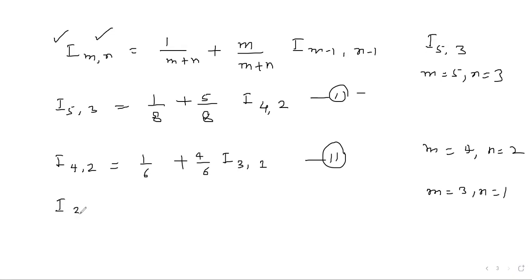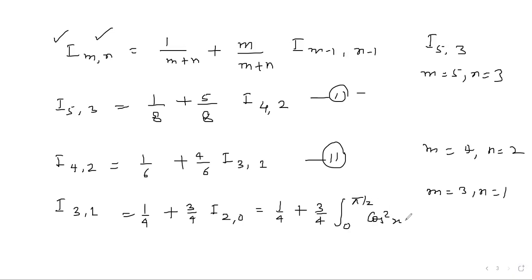So we will get I_(3,1) equal to 1 by 4 plus 3 by 4, and this time this will become I_(2,0). I_(2,0) means the integral from 0 to pi by 2 where the power of cos is 2 and the sine term becomes sin 0x, so this term will become 0.